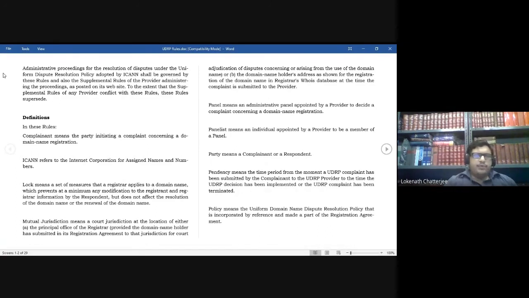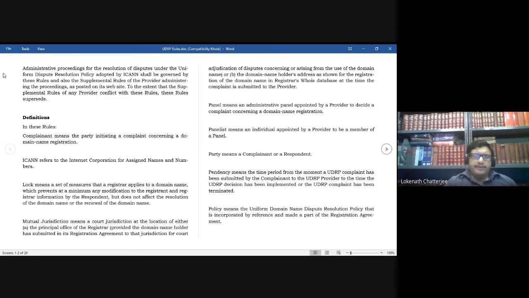Let's quickly go over the rules. The administrative proceedings would be governed by the rules and supplemental rules of the provider. Provider is the agency, or the authority, before which the disputes will be referred to. Complainant we've seen.